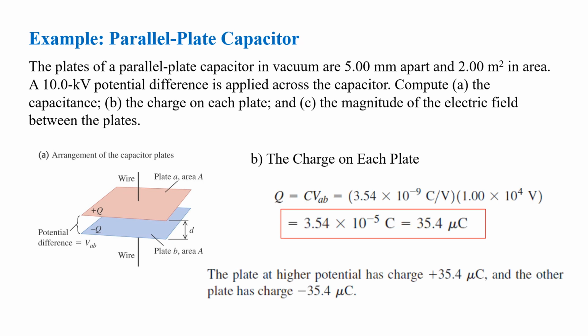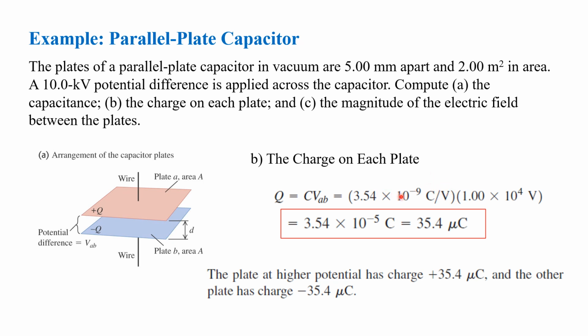Now let's solve for the charge on each plate. The charge is given by Q equals C times V, where C is the capacitance and V is the potential difference. We found the capacitance to be around 3.54 times 10 to the negative 9 farads, and a farad is just equal to coulombs per volt.